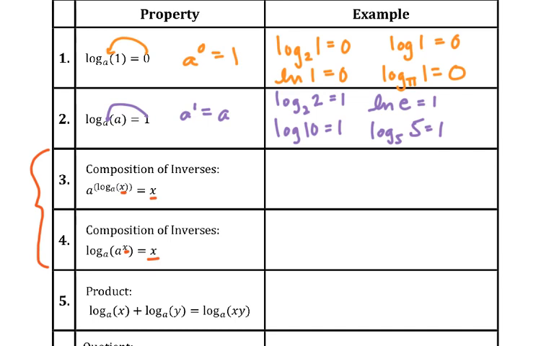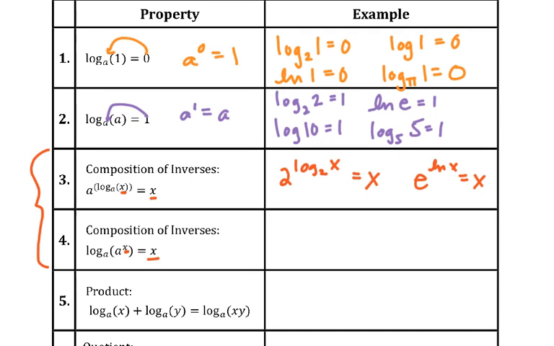So an example of this might be 2 to the log base 2 of x would equal x, or e to the ln x would equal x, because in both of these two examples, the exponential base and the logarithmic base match.